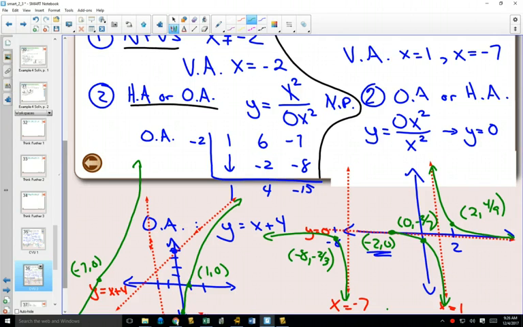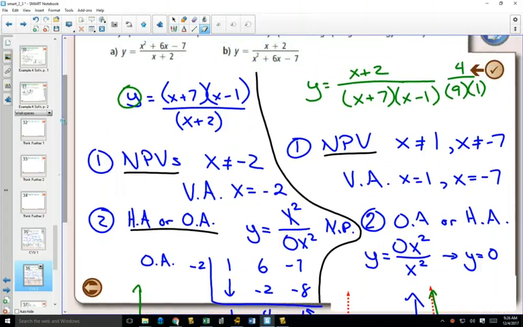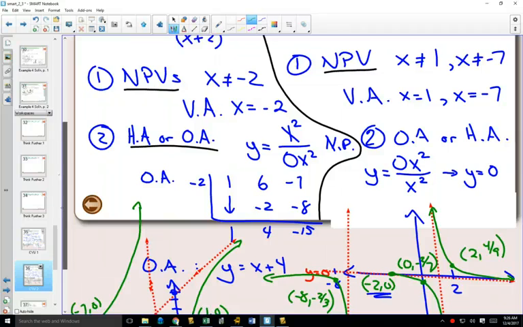So in order to figure that out, I might plug in another value like -3 or -6. If I chose -6, can you see that the top would be -4? -6 in here would give me 1, and this would give me -7. -4 over -7 would be 4/7.